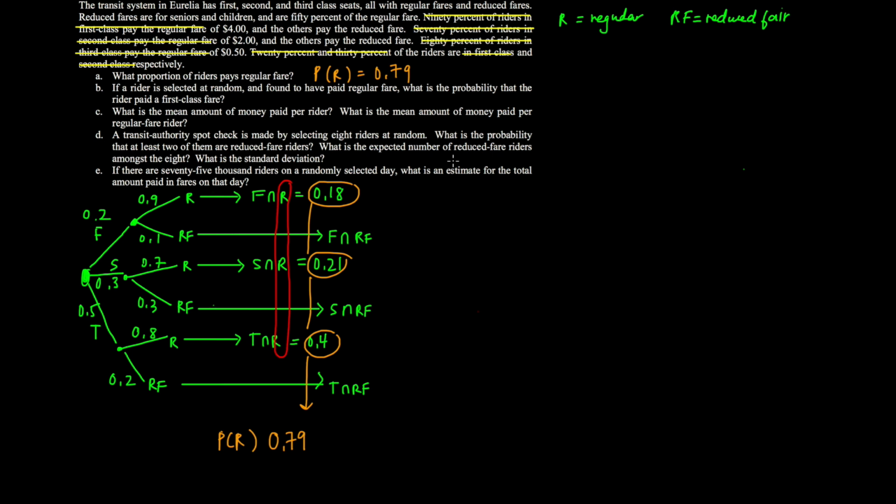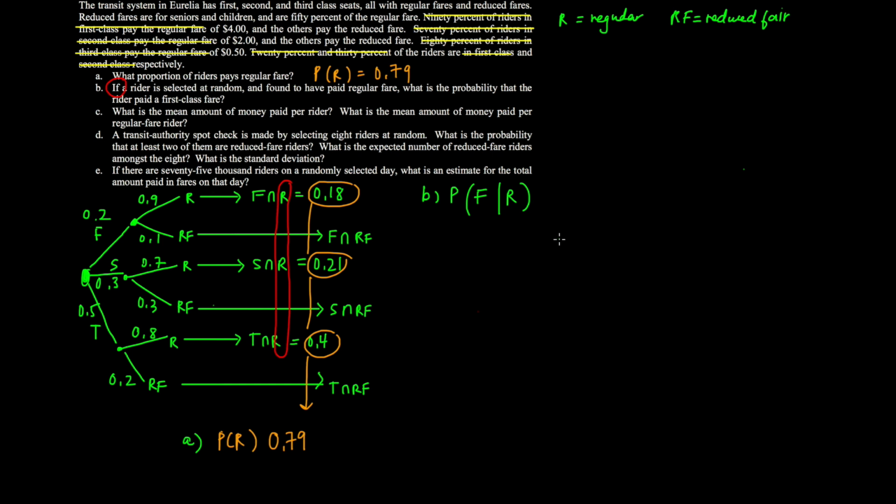Okay. Now, part B. Remember those keywords, guys, okay? So this here is part A, and this is part B. If a rider is selected at random and found to have paid regular fare, what is the probability that he is a first class fare rider?